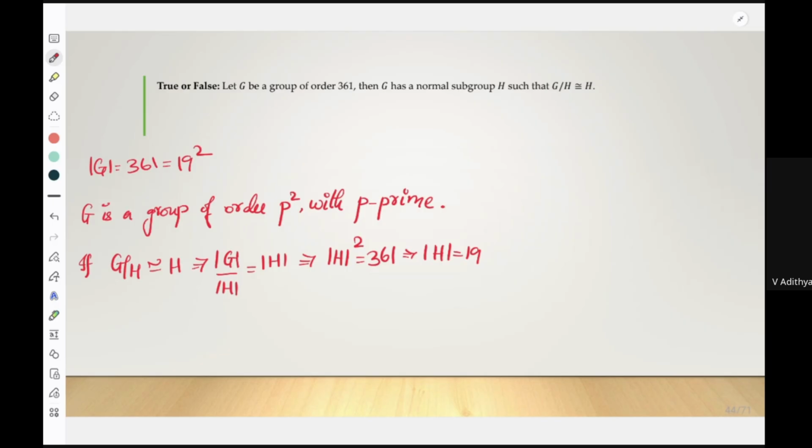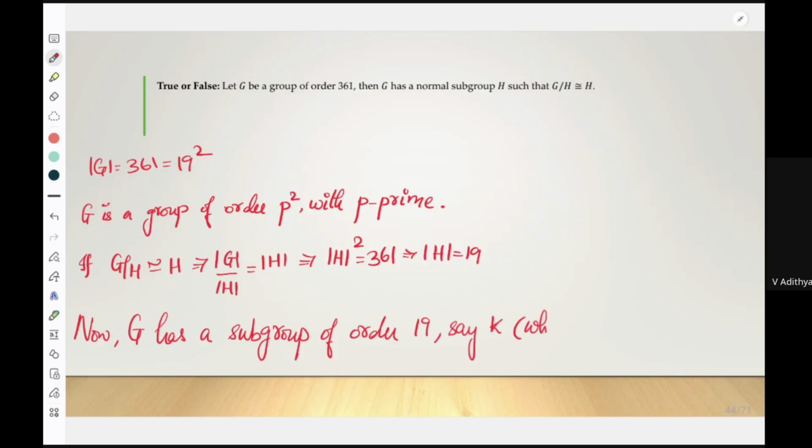This is just one way. So now G has a subgroup of order 19, right?